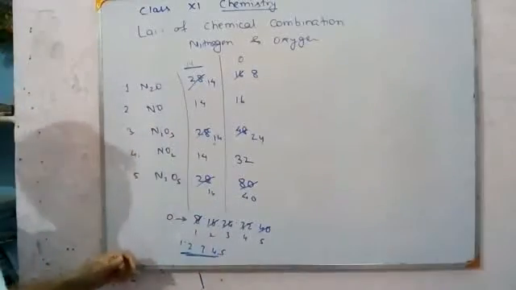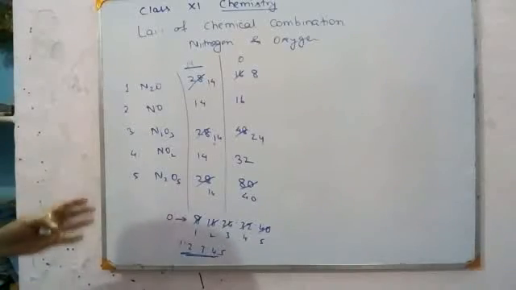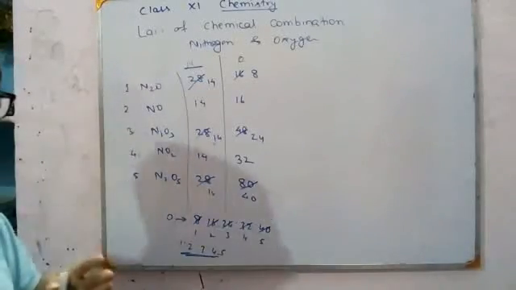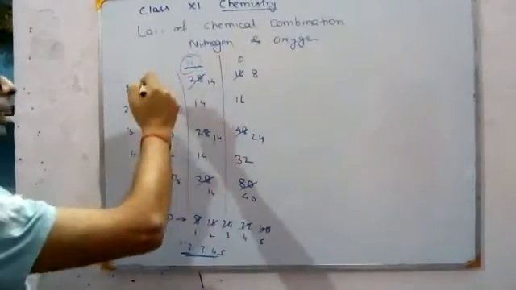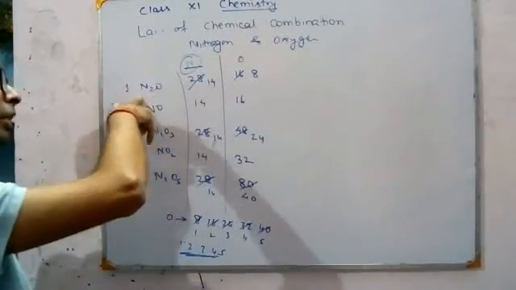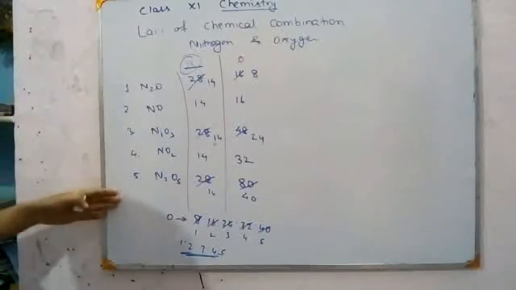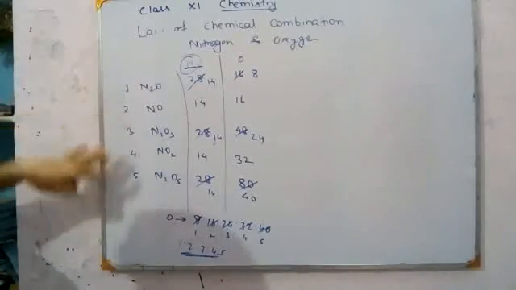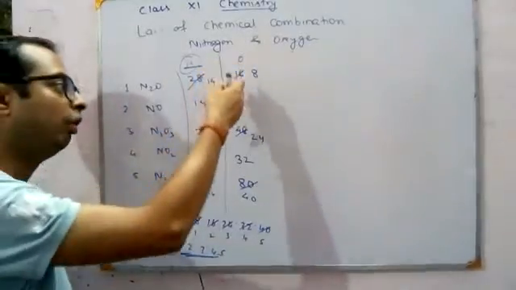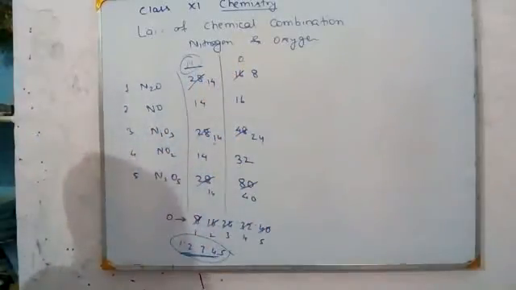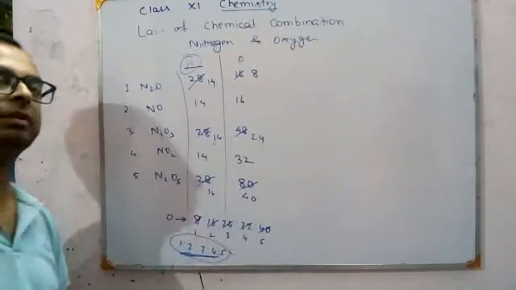See, this is it. So in this law of multiple proportions, when nitrogen and oxygen combine to form compounds, 5 different compounds are formed, and in these 5 compounds the ratio of oxygen is a simple whole number ratio. This we have given annexed here.